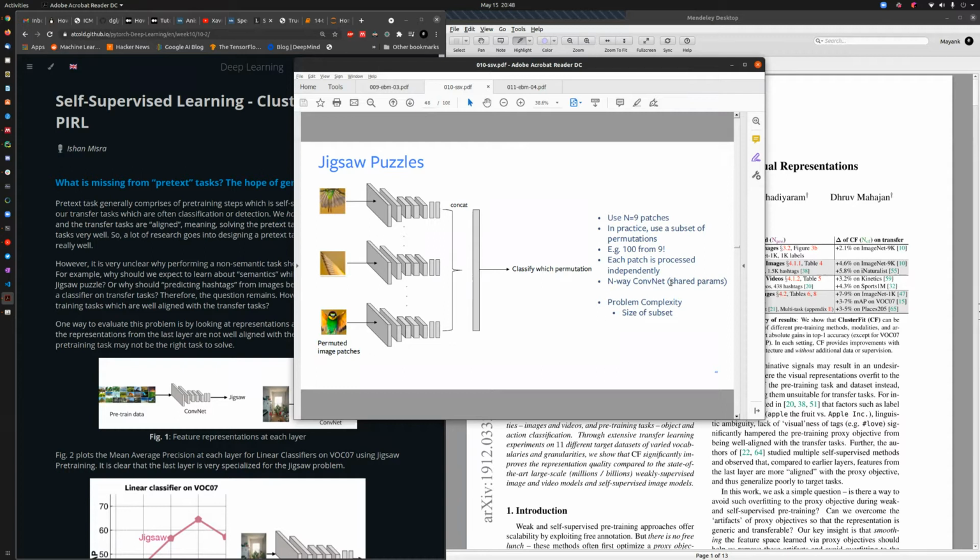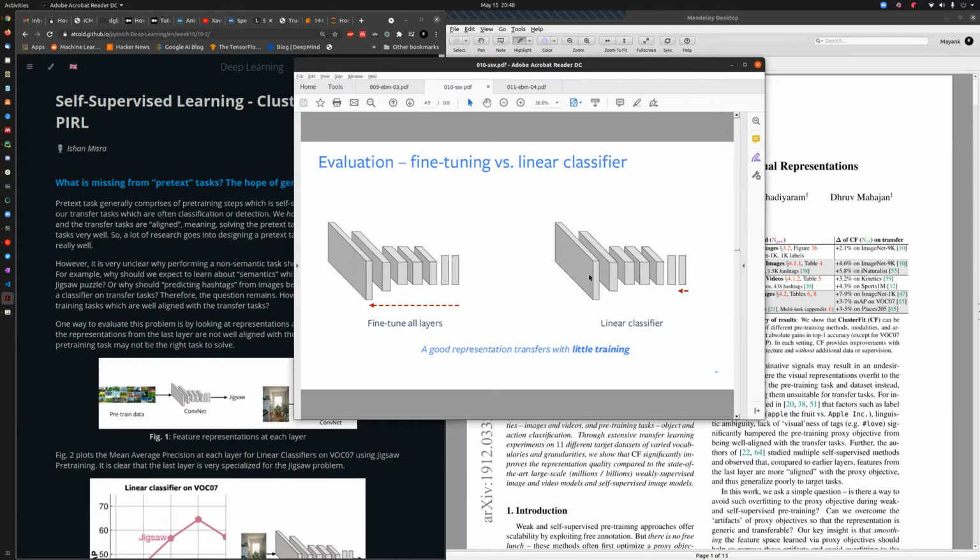It's an n-way, with coordinates and shared parameters. So this is where I think we reached last time. Then we'll take it from here.